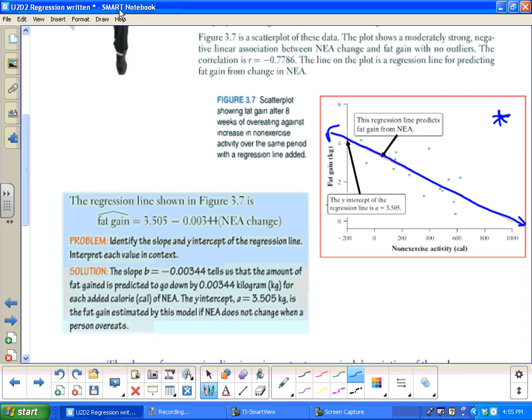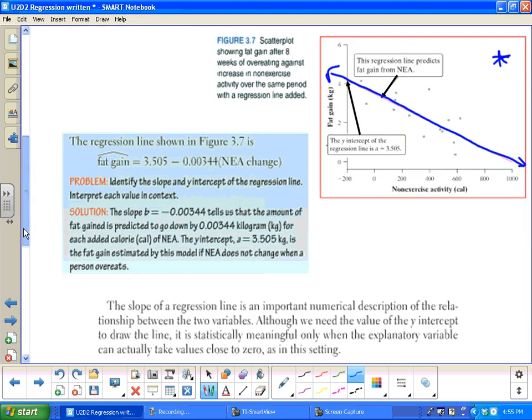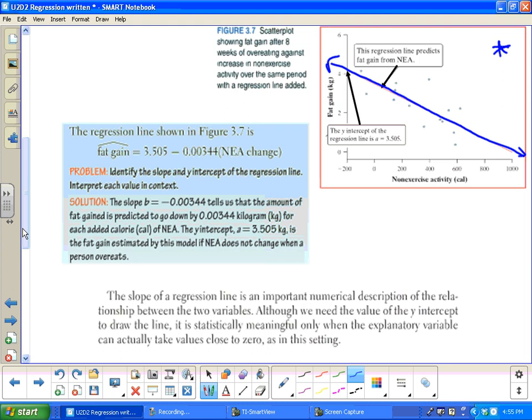Okay, so I'm going to minimize that. So we have our equation here. Notice that they don't use y and x. They use what y and x actually represent. Whenever you are writing out an equation like this on the AP exam, you kind of have two options. You can write your equation just like this, the way they've done it, or you can write it with y and x, but then underneath you have to tell the test what y and x actually are.